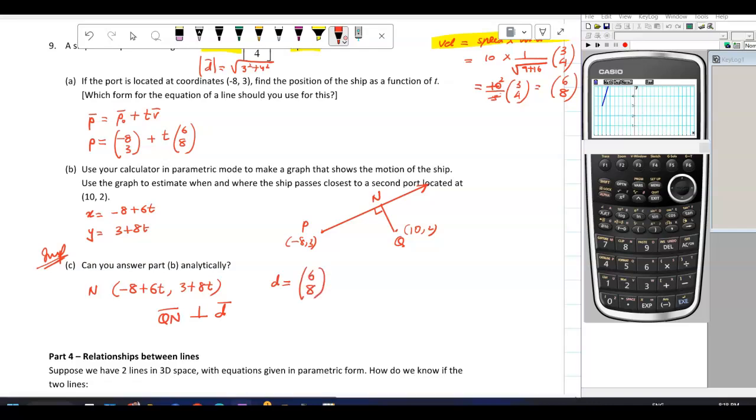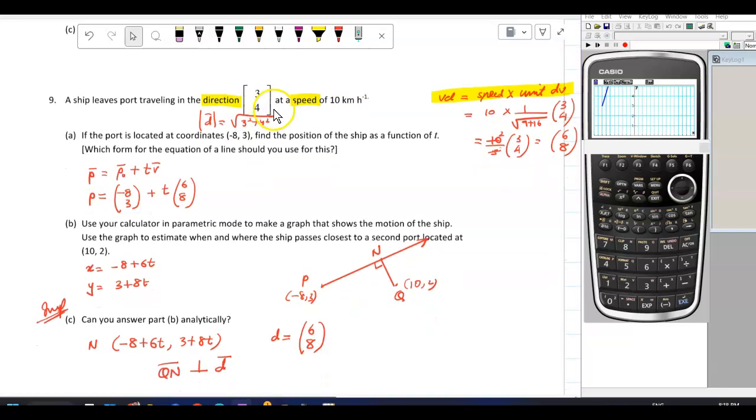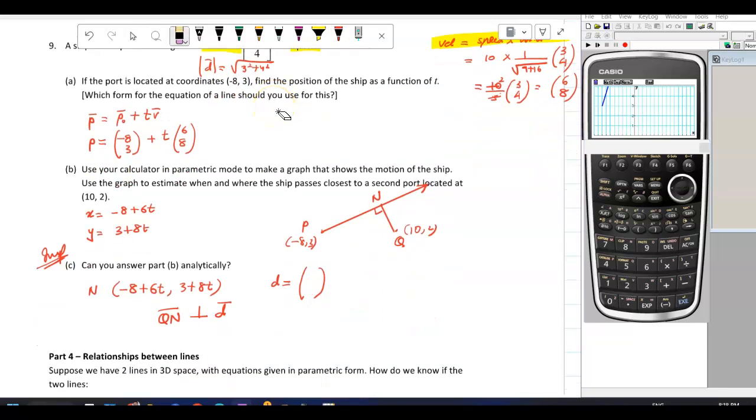Okay, yeah, that remains the same. Correct. 6, 8, which is the velocity vector, or if you want the direction vector, they have given the direction vector, in this case 3, 4. You can either take, because the ratio is the same. It's like a slope. So slope, if you write 1/2 or 2/4, is the same slope. For direction vector, not for velocity, you can reduce it. For direction, you can reduce it.